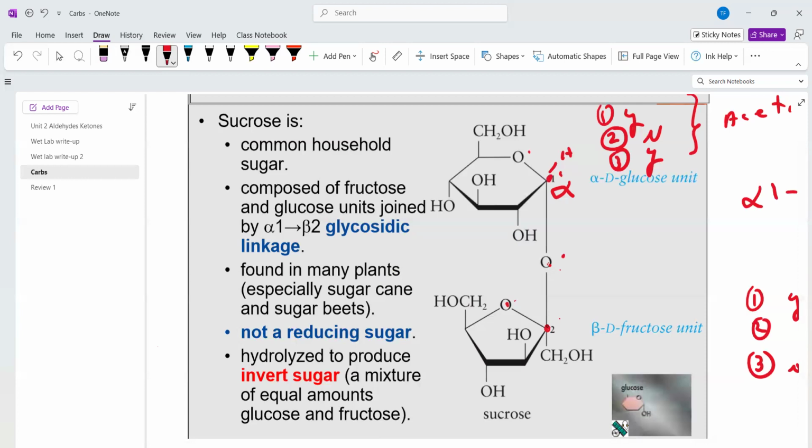Let's look at the way this is set up. Okay. We start with glucose linked to a fructose. And this is the linkage here. We have OCO and OCO.